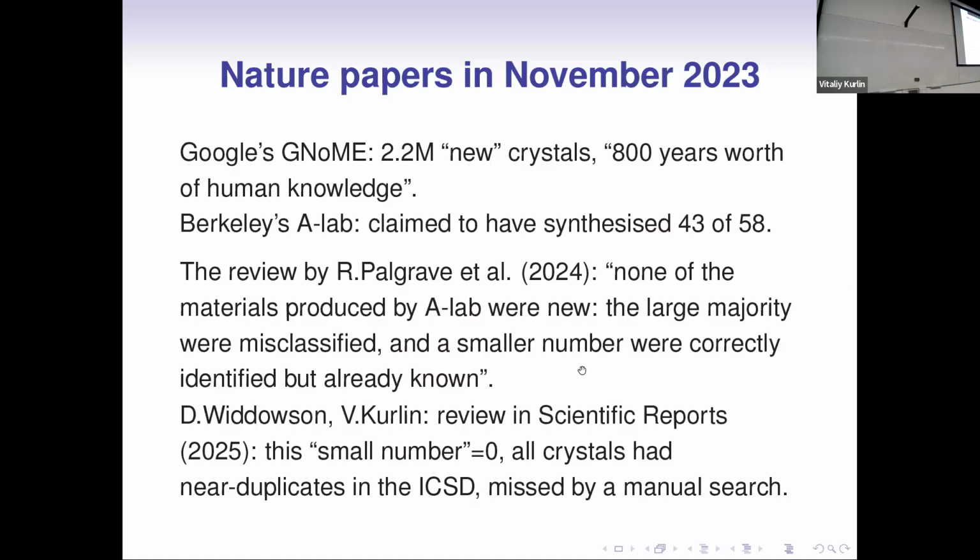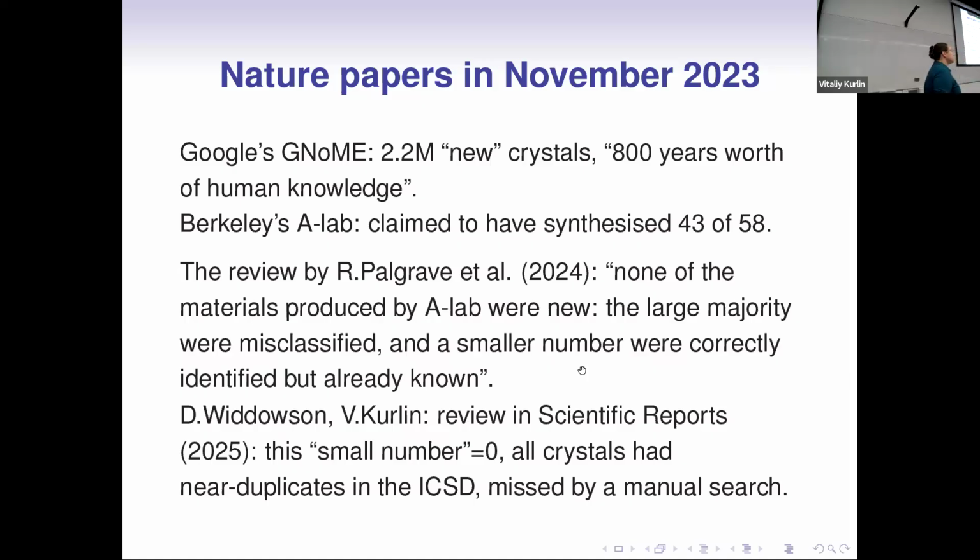This is an interesting story in itself, because I think 3 materials probably were not in the training data, as chemists thought. They were discovered and synthesized a bit later, but everybody thought they were not in the training data, which means that 3 out of 800 years of knowledge is probably not that bad.